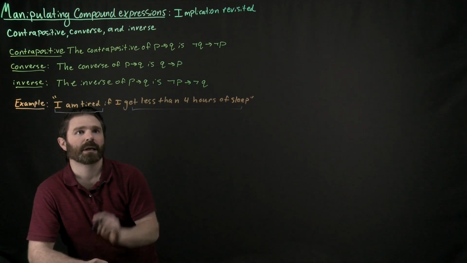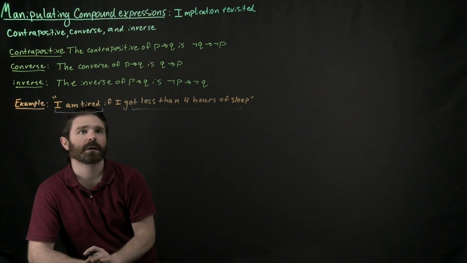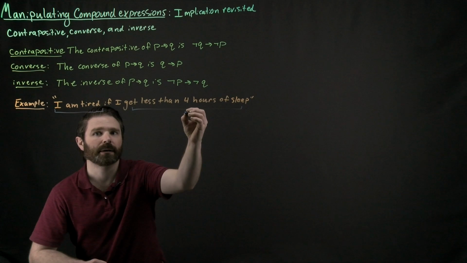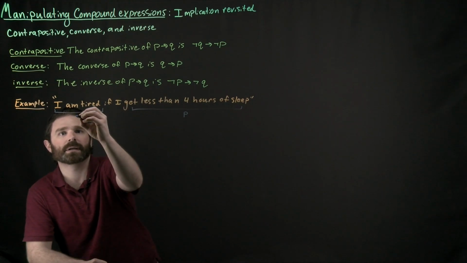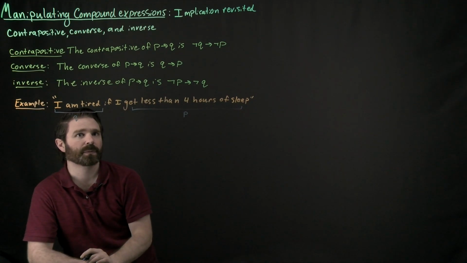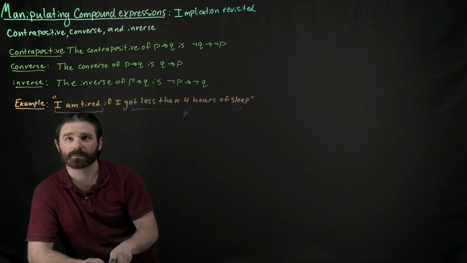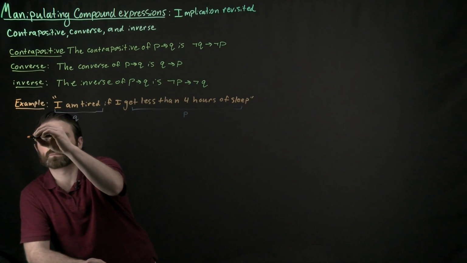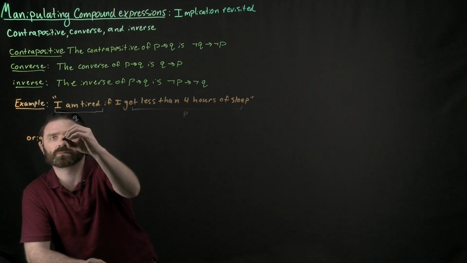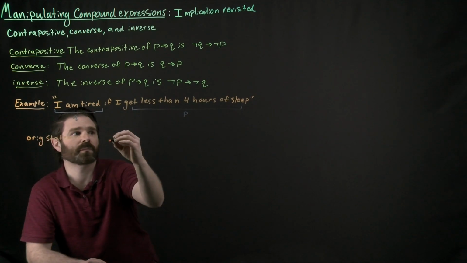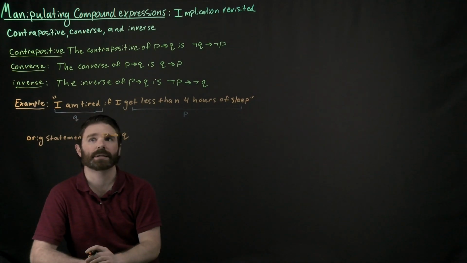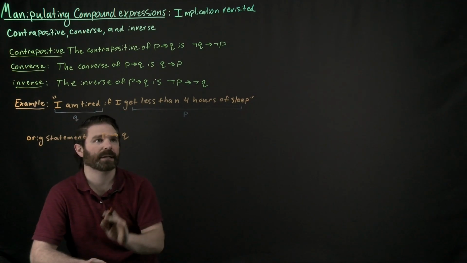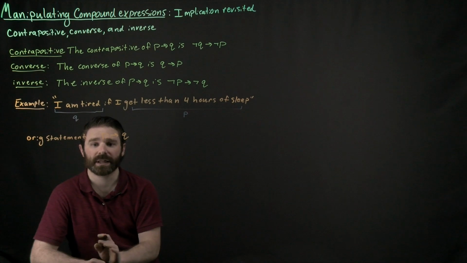The placement of this "if" tells me that this is going to be my P, and this is going to be my Q. So my original statement is going to be P implies Q. If I get less than 4 hours of sleep, then I am tired.